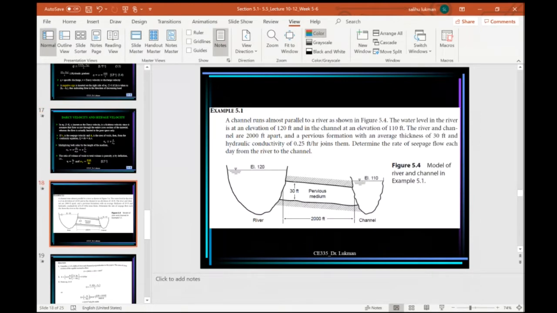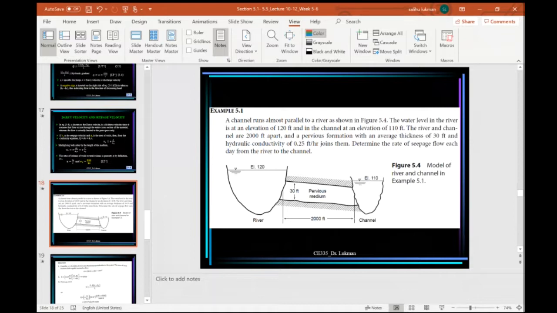Now let's take a few examples here. A channel runs almost parallel to a river, as shown in figure 5.4. This is a model of the river and channel.